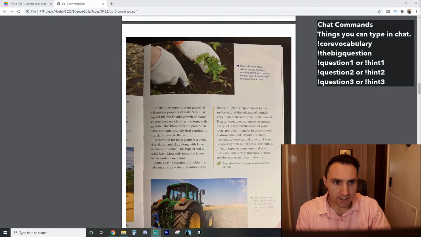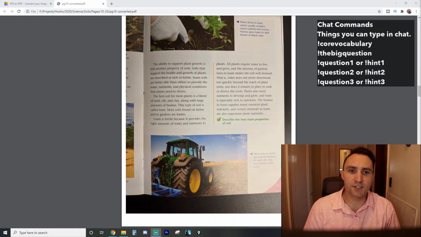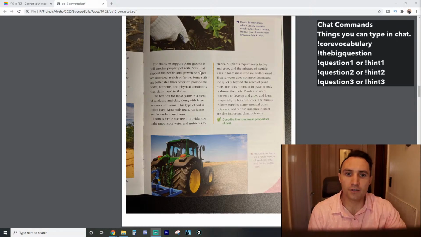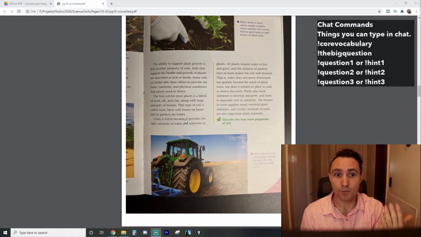Let's go on to page 15. All right, so the ability to support plant growth is still another property of soils. We've learned about color, the size of the particles, the ability to have water pass through them, or the permeability, and now the ability to support plant growth is another property of soil.